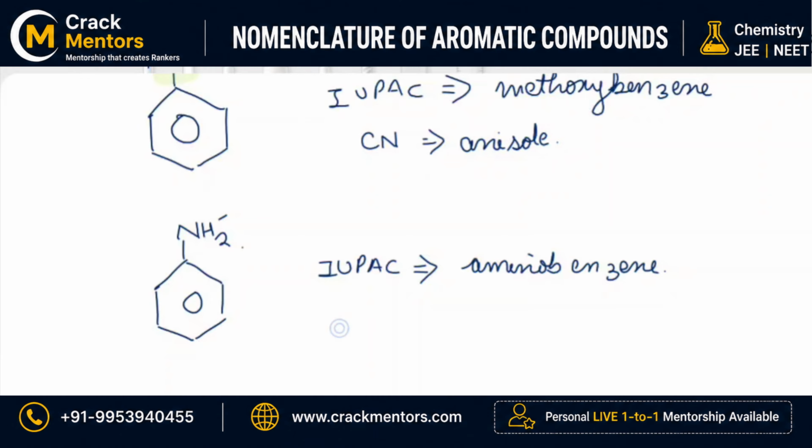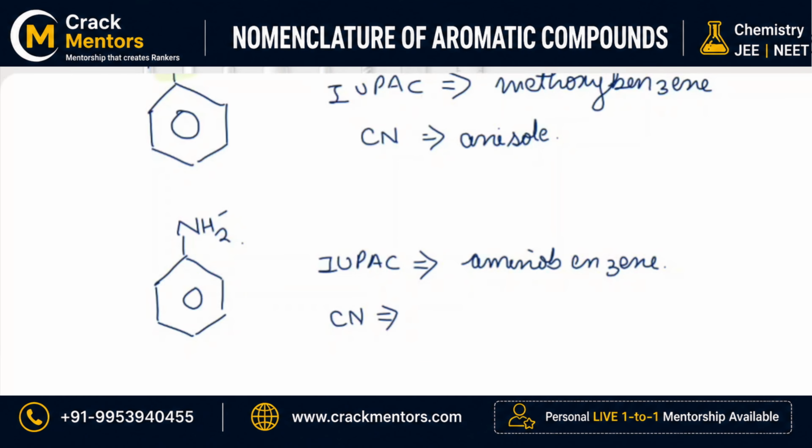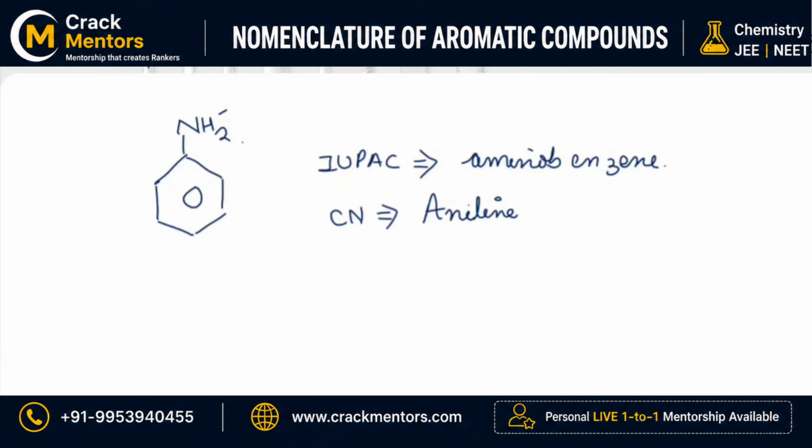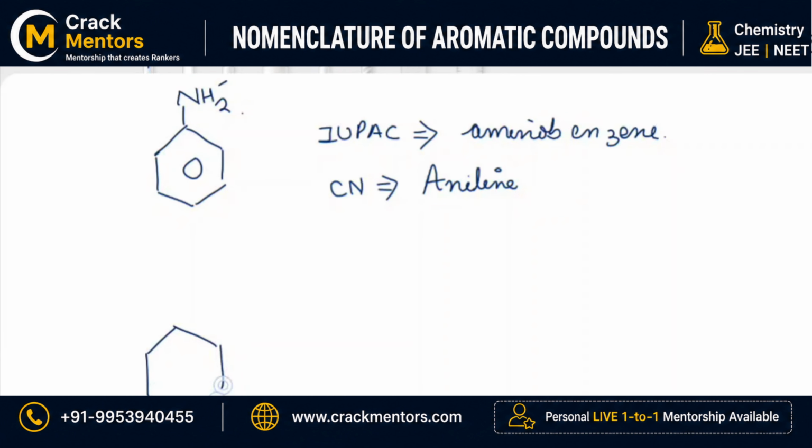Okay, and the common name we have read, and this common name is also accepted in the IUPAC world. So we accept that common name as IUPAC name also. I am mentioning this point here. Okay. So the common name is what? It is aniline. We have also discussed this when we were discussing ortho, meta and para in the lecture of naming of amine compounds. Next is this.